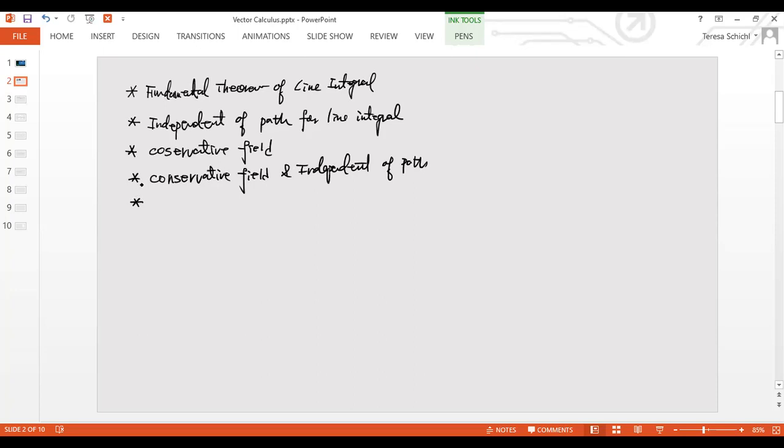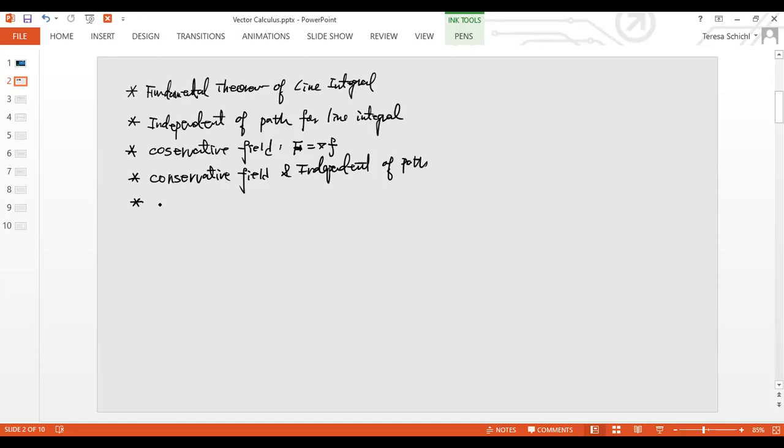And also, we say conservative field. From the previous lecture, we gave the very basic definition. If a field is conservative, that means this field has to be the gradient vector field of some real-valued function f, right? If this vector field is the gradient vector of some function, then we say this is a conservative field.